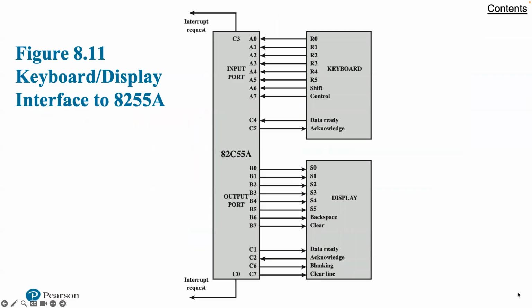Here in figure 8.11, we're showing the keyboard display interface to the 8255A. Because the 8255A is programmable via control register, it can be used to control a variety of simple peripheral devices. So this figure illustrates its use to control a keyboard display terminal.